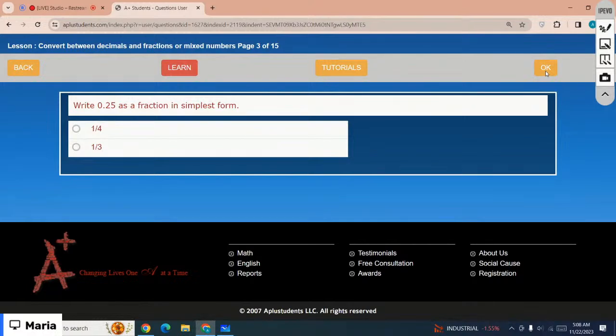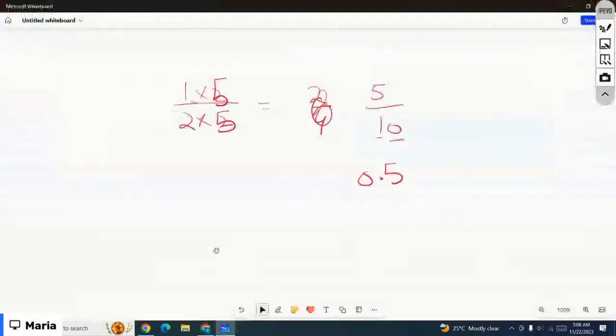Write 0.25 as a fraction in simplest form. So which is the correct option? Okay, so basically it is 0.25, right? First, let's write it in fractional form. 0.25.